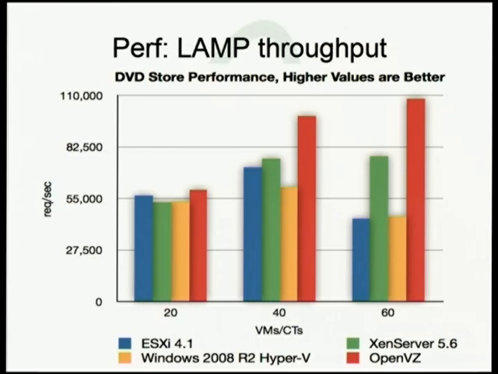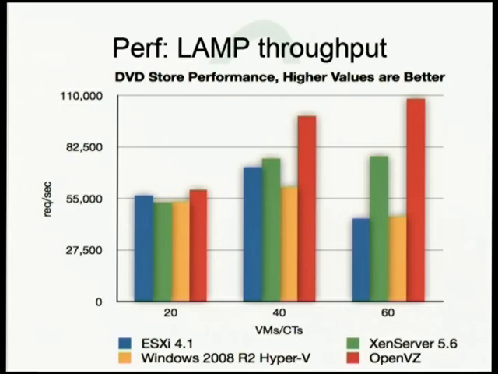If you look at 20, then 40, then 60, all the hypervisors are going down at 60. That means they reach their density limit. There's no more hardware ability to have that many VMs. And in OpenVZ, it's still growing.